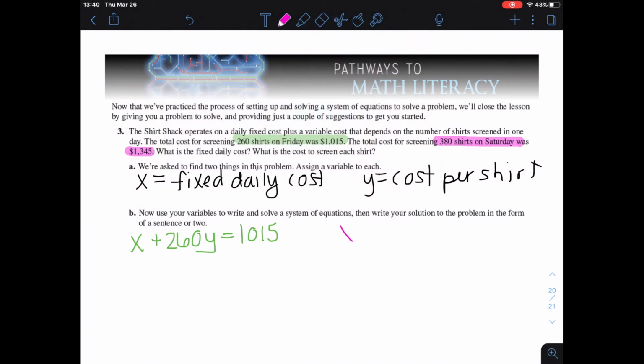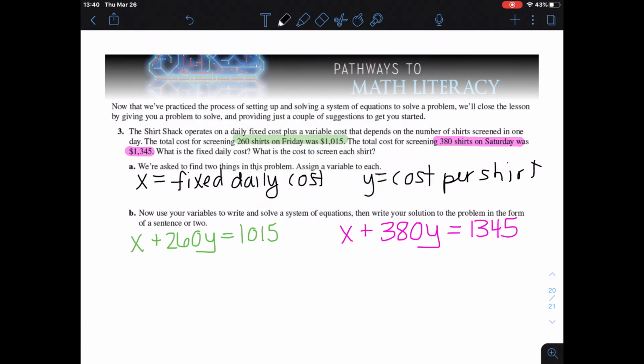So we have the fixed daily cost for the second day, and then 380 shirts at Y dollars each. Adding these together gives us the total amount of $1,345. So we have our two equations, which we now can solve.